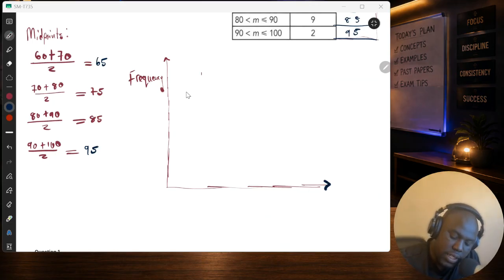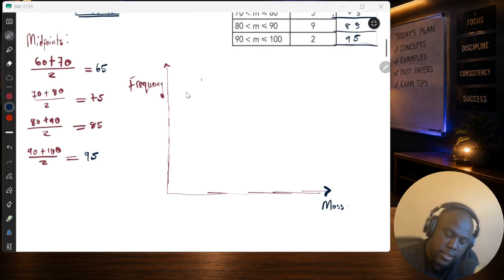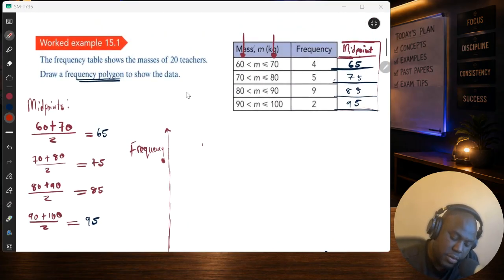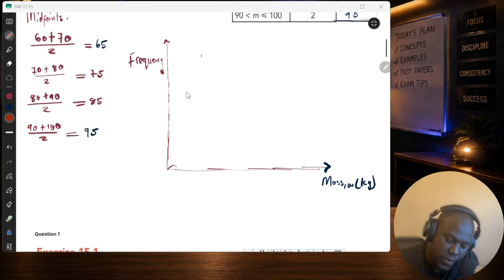Then here, you put your mass, in kgs. Then now you can start to put the values. It's from 60 all the way up to 100, so we don't even need to put 0. So it's 60, then you have 70, 80, 90, then 100.